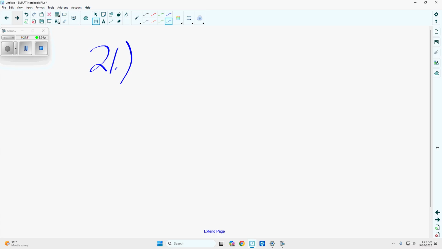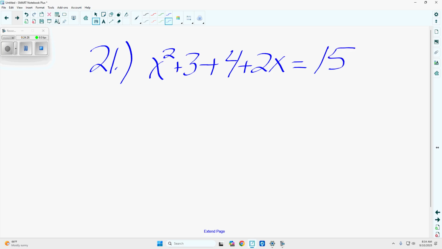X squared plus 3 plus 4 plus 2x has to equal 15. Now I'm going to clean that up, right? So it'd be x squared plus 2x plus 7 equals 15.